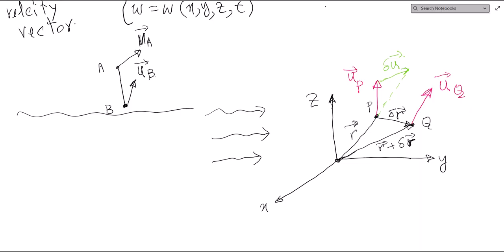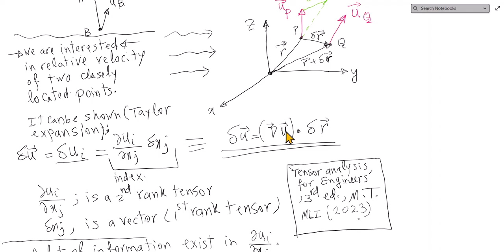But the green is not important. The main point is that we are simply considering 2 points, one point here and, in the vicinity of that point at a very small distance, point Q, and we identify the position vectors, and at each point we may have two different velocities, UP and UQ.